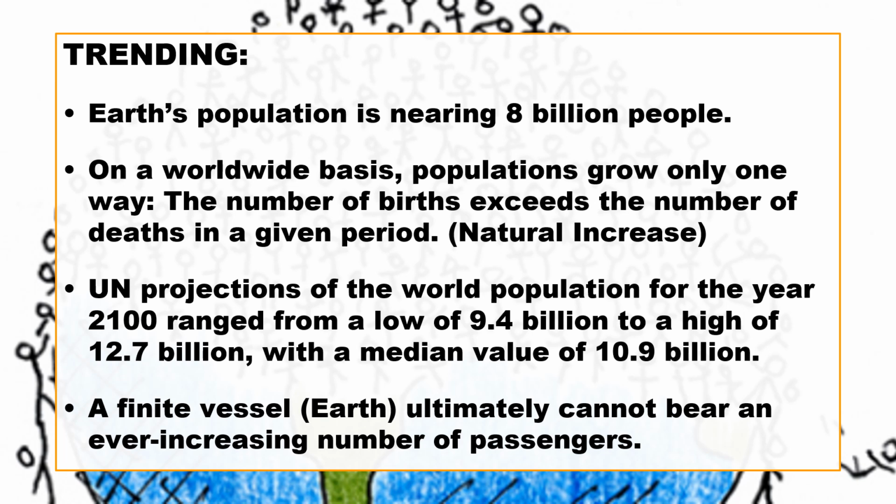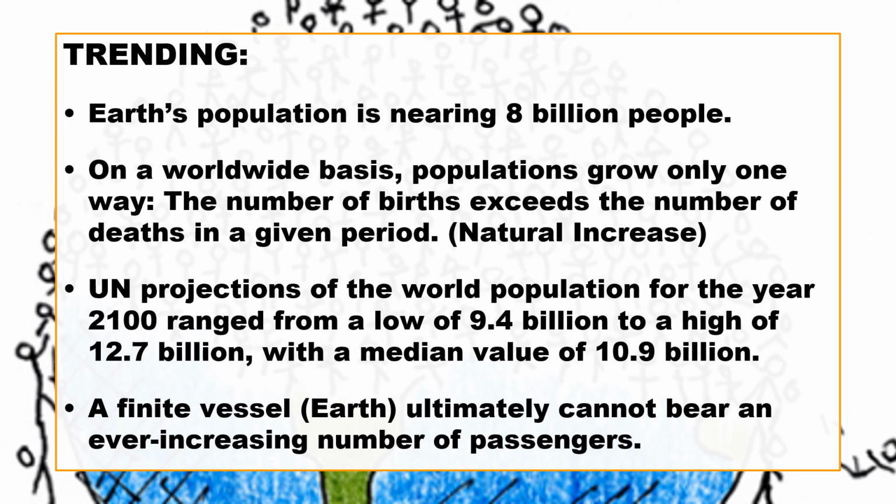Some of the trends, okay, well, the Earth's population is getting closer and closer to 8 billion people. How does the world population grow? Well, by natural increase, births over deaths. So you don't account for immigration there because nobody comes into Earth and nobody leaves Earth.